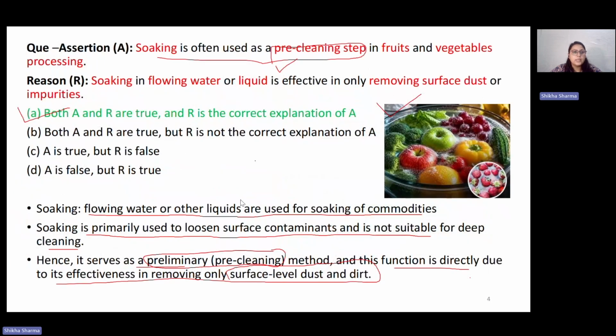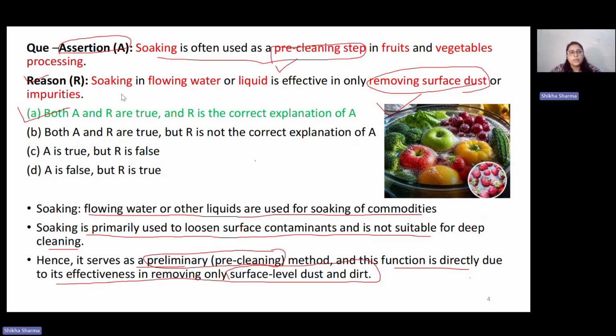So basically here in this question, the assertion is true that soaking is basically a pre-cleaning step for cleaning of the fruits and vegetables. And also the reason is true, which says that this is done for removing the surface dust or the impurities, but not for deep cleaning purposes.